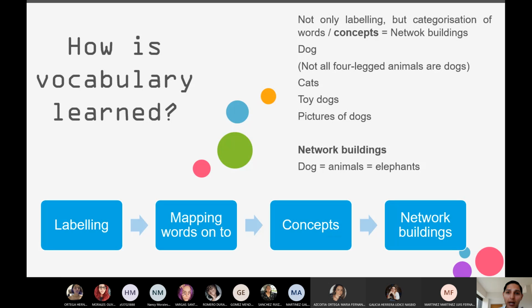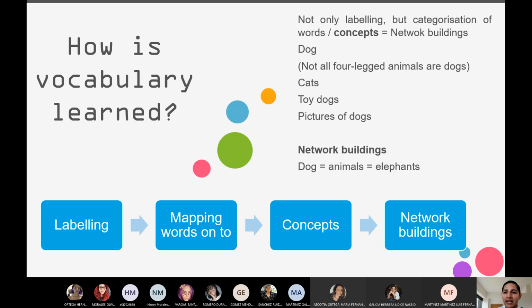You have the contact with the environment, you have meaning, but then something doesn't fit, and then you need to accommodate, you need to change the concept, you need to see it in a different manner and to start categorizing and to start accommodating concepts for then creating network buildings, and to achieve the process of internalization from the general to the particular. And then you say, okay, there are different kinds of dogs.